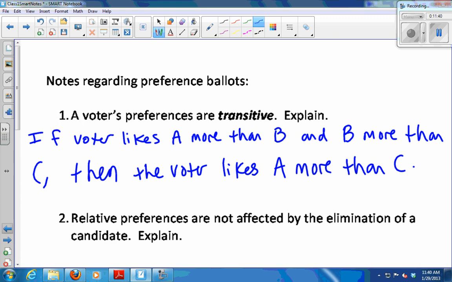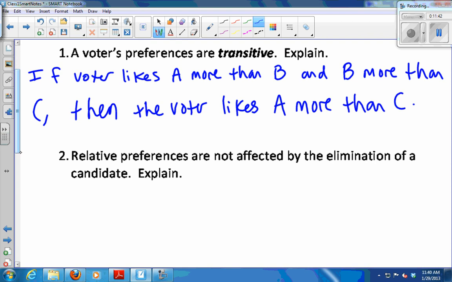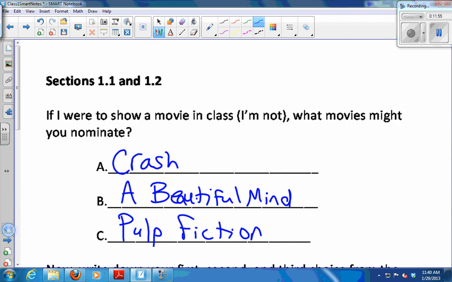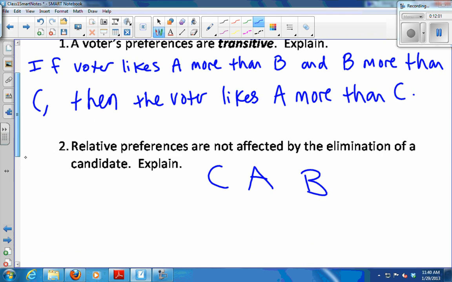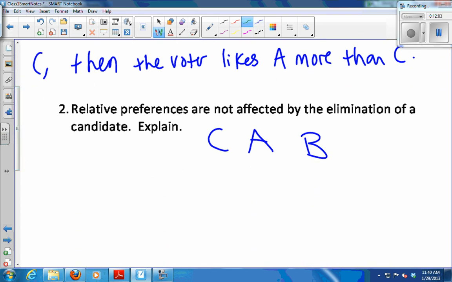preference ballots, we can preserve relative preferences even if a candidate is eliminated. So let's say you voted C, A, B on your preference ballot. And I go to Netflix and it turns out they don't have Crash, so it's no longer an option.